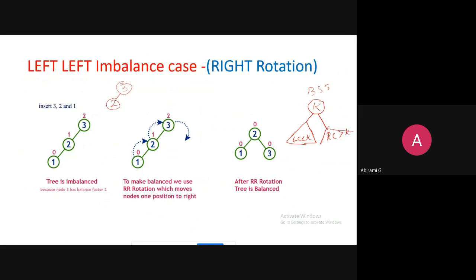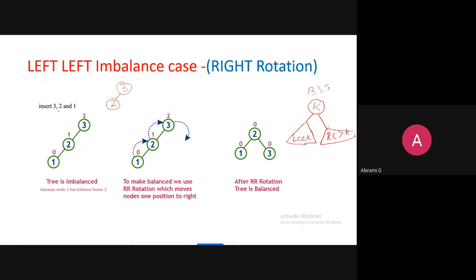This is the property of the binary search tree: the left subtree nodes are less than the root and the right subtree nodes are greater than the root. This is the property of the binary search tree, because an AVL tree is also a binary search tree. While constructing, we have to follow the BST rule.